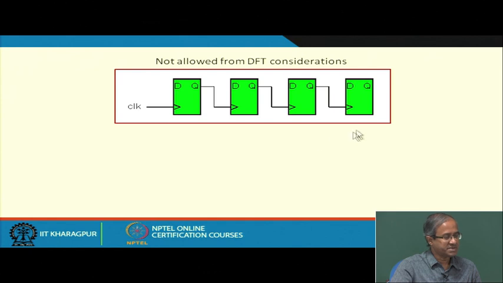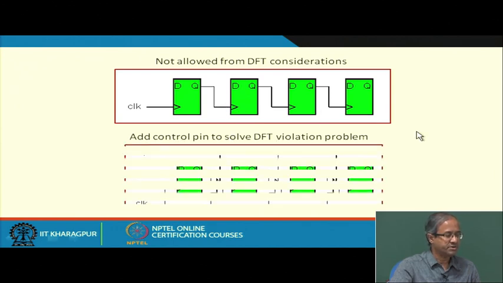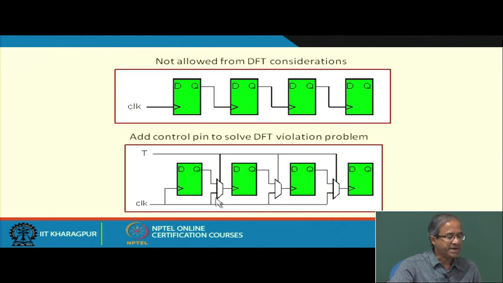So, if you have a circuit structure like this, it is not very convenient from the DFT point of view. So, what you do? You add some additional multiplexers here and the clock you feed to all of the inputs, so that during the testing mode you can make the clock feed all the inputs, right.